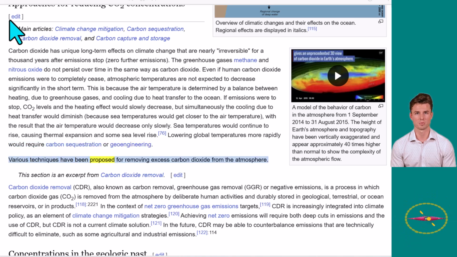Various techniques have been proposed for removing excess carbon dioxide from the atmosphere. Carbon dioxide removal, CDR, also known as carbon removal, greenhouse gas removal, GGR, or negative emissions, is a process in which carbon dioxide gas, CO2, is removed from the atmosphere by deliberate human activities and durably stored in geological, terrestrial, or ocean reservoirs, or in products.